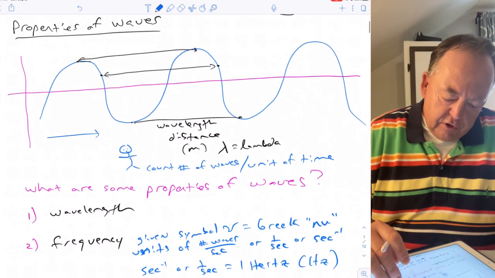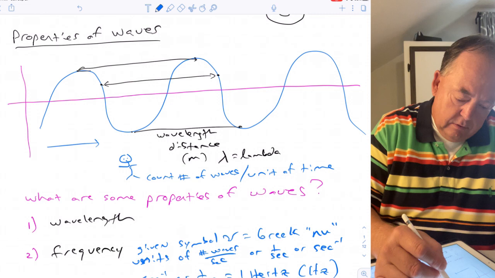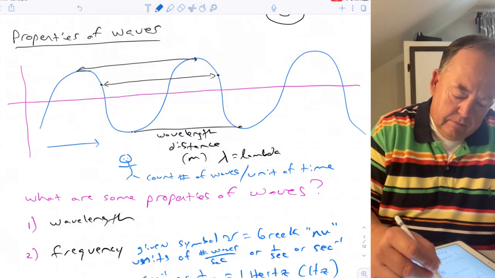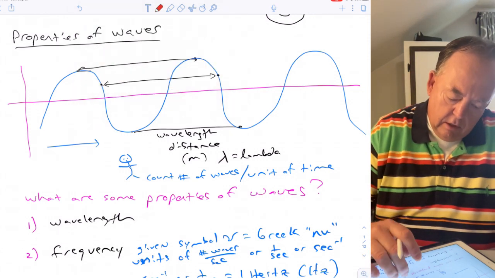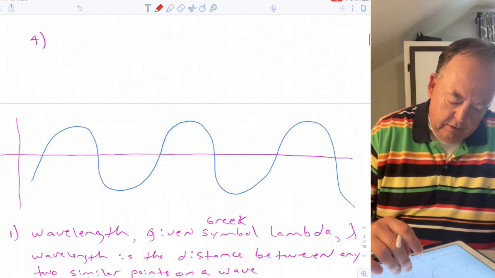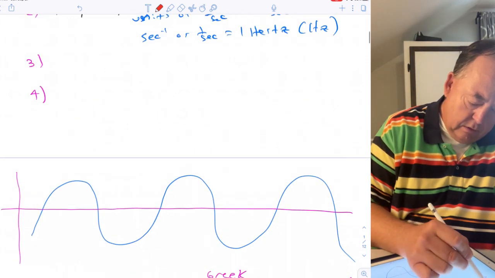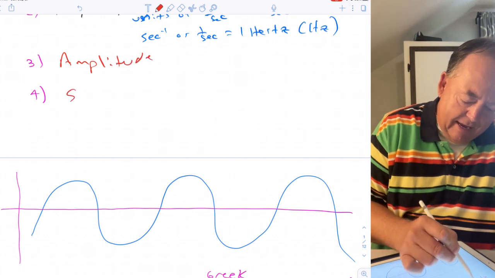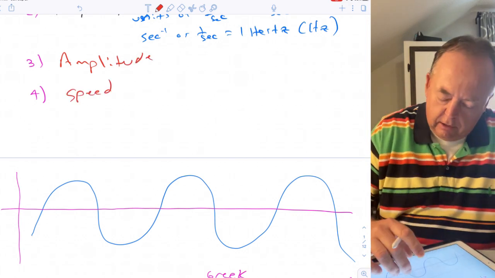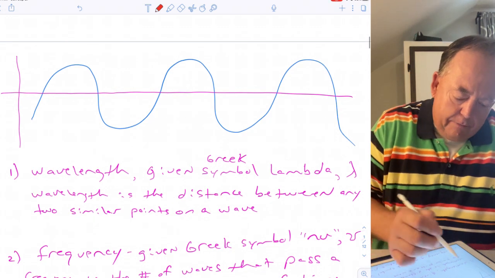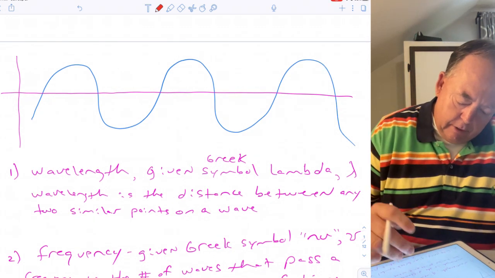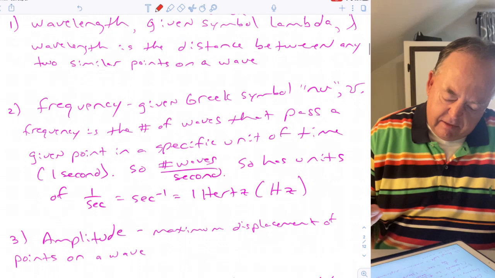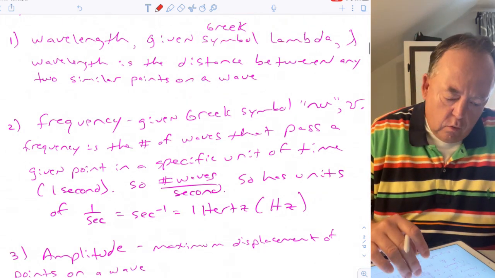Okay, so other features of a wave would be its amplitude and its speed. We'll say a little bit more about that. Amplitude would be basically the maximum displacement of points on a wave.